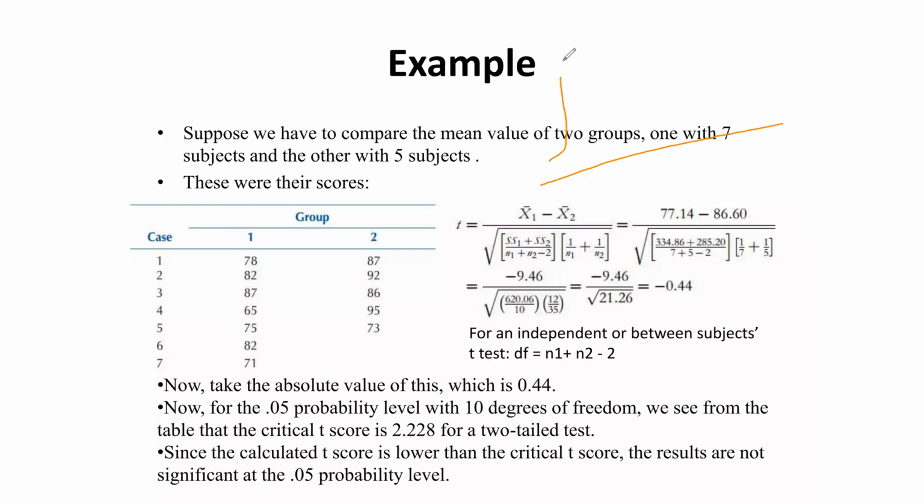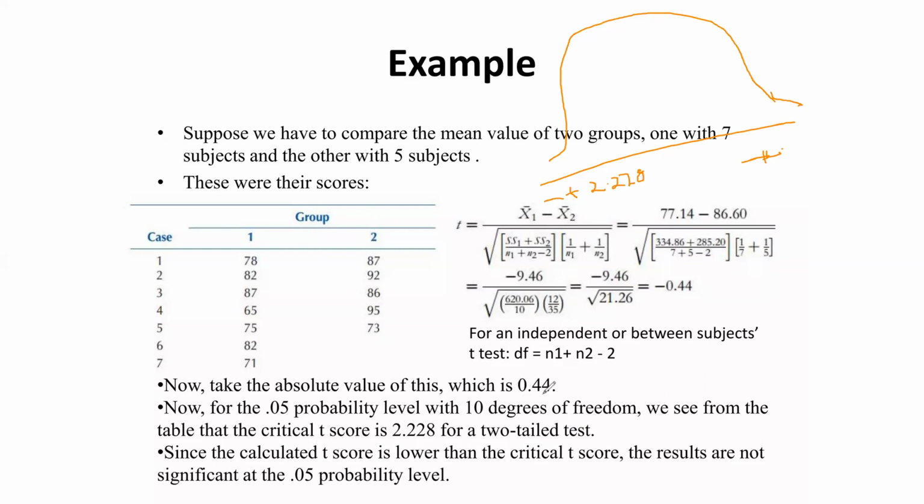When you plot your normal distribution curve like this, this is your negative critical t-value and this is the positive critical value. For the negative critical t-value, we have minus 2.228, and for the positive critical t-value, we have positive 2.228.